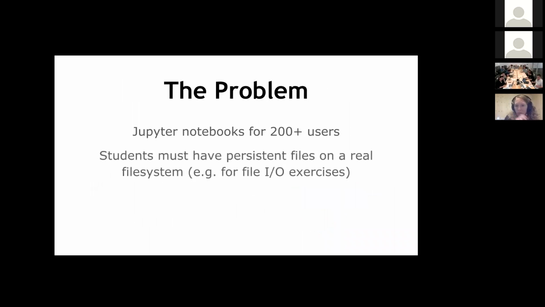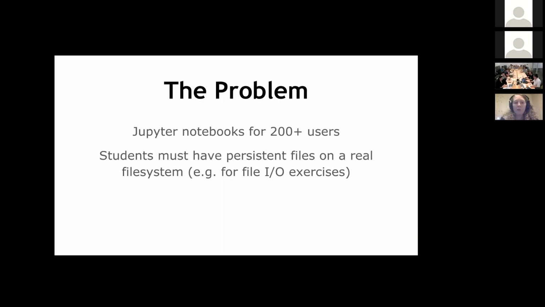So the problem for our particular class, which is taught at UC Berkeley, was that we had 200 students and we didn't want to deal with the local installation of the notebook for all 200 students. So we decided we wanted to use a hosted solution like JupyterHub. But we also had the constraint that, like Brian's class, students had to have persistent files, and they had to be files on a real file system.